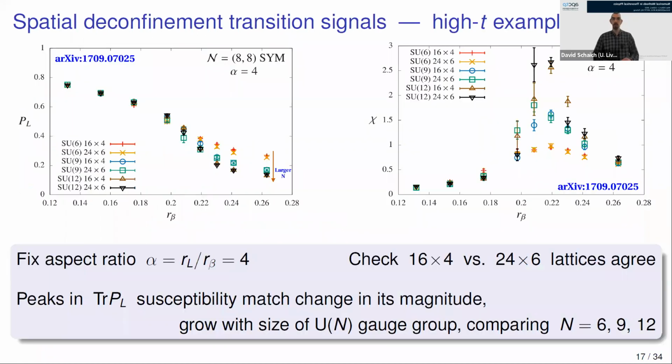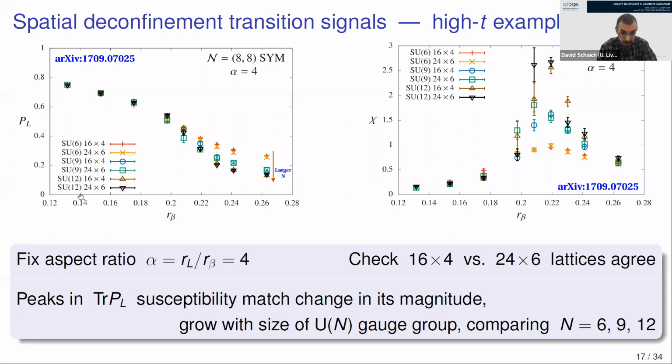So just to show you some of the numerical results that come out of our calculations in this simple two-dimensional system, the plot on the left is showing the trace of the Wilson line itself, our order parameter for this transition, which at high temperatures, corresponding to a small temporal extent, is large and independent of the number of colors.